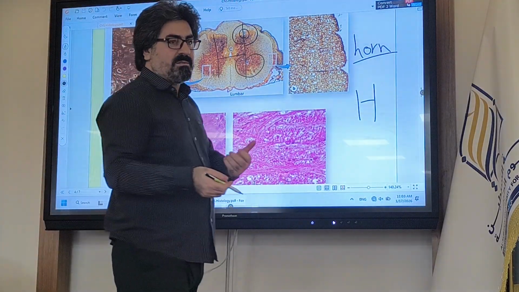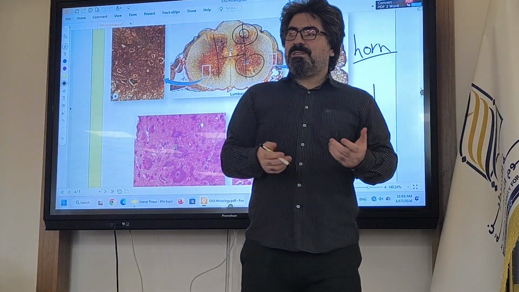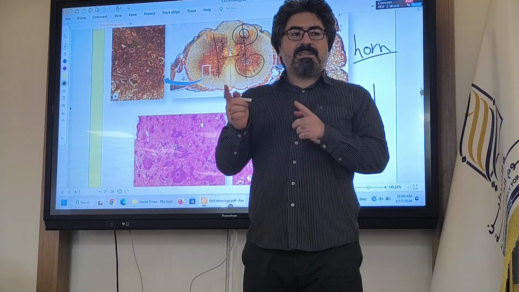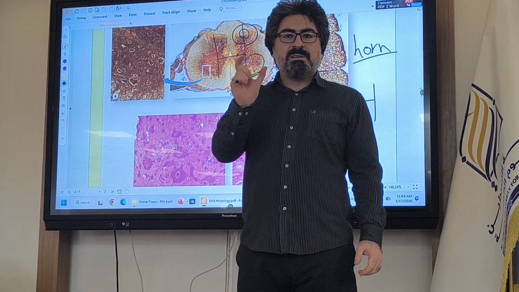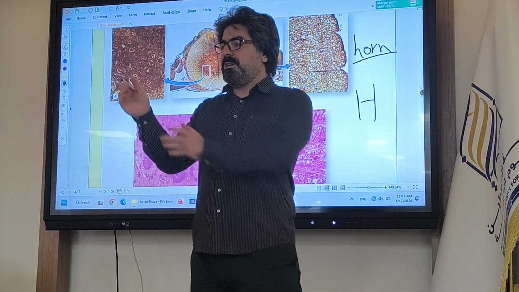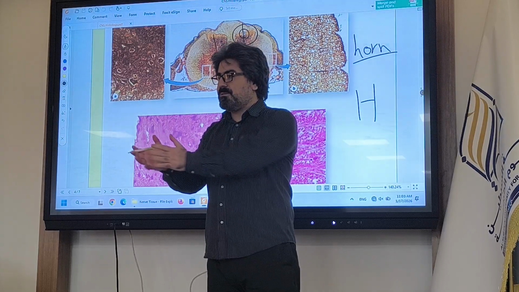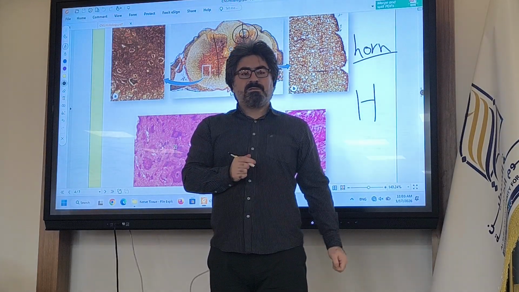And what is an interneuron? Inter means between something. So interneurons communicate between two different neurons, for example, between a sensory neuron and a motor neuron.